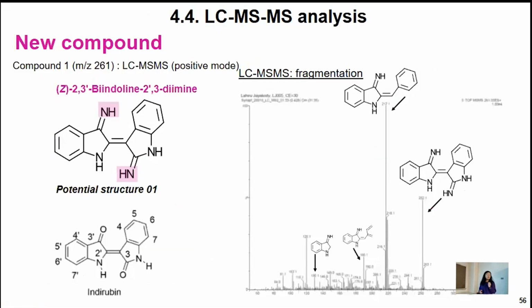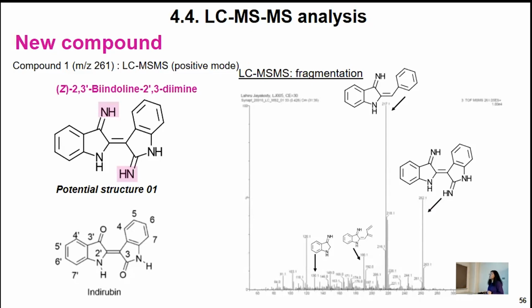Then we did the LC-MS for our extract. Remember for the tandem mass, first we have the molecular ions, then we pick one molecular ion and then we get product ions. In our case, we picked 3 molecular ions. Those were abundant.